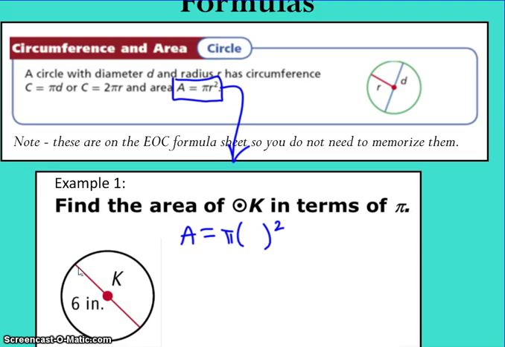Remember that the radius is going to be half the length of the diameter, so it's going to be 3 inches. So if I type in my calculator 3 squared, I get 9 pi and then inches squared, or square inches. Now it says to leave it in terms of pi, which means instead of doing 9 times pi in my calculator, I would leave it as 9 pi.